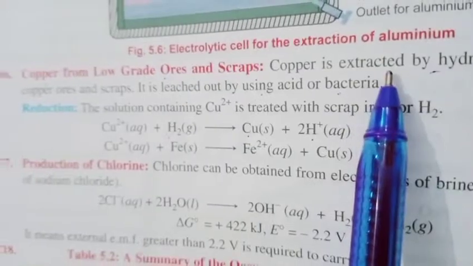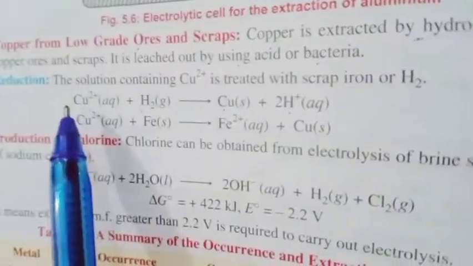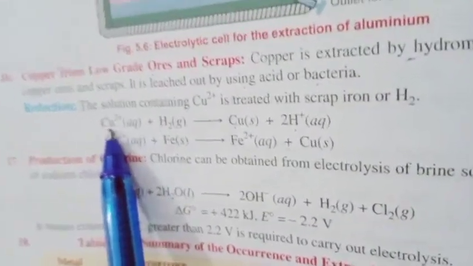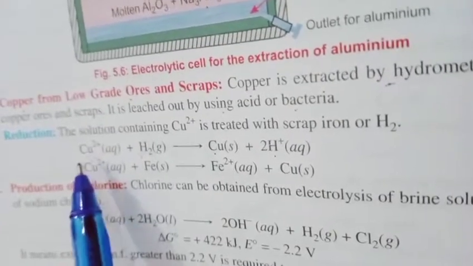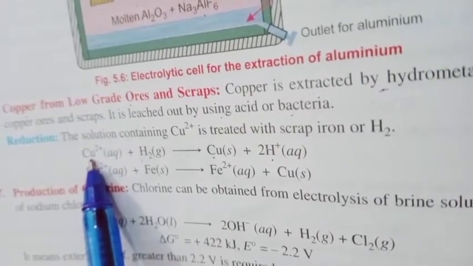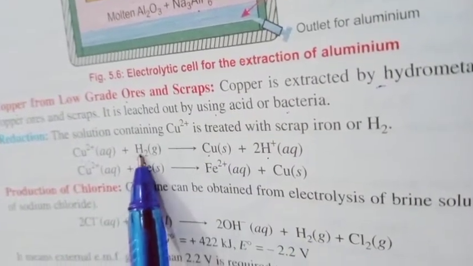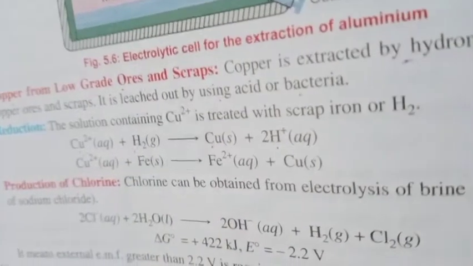All the copper from the ore goes to the acid, it gets converted into copper 2+ ions. These copper 2+ ions are reduced to copper using some reducing agent. The reducing agent can be hydrogen, it can be iron, it can be zinc, any reducing agent can be used.